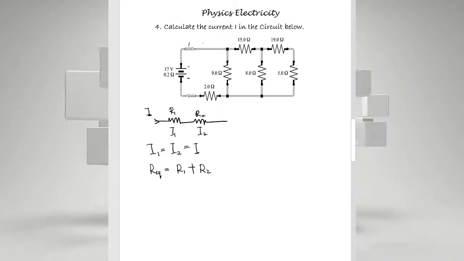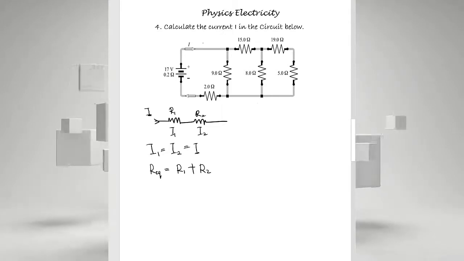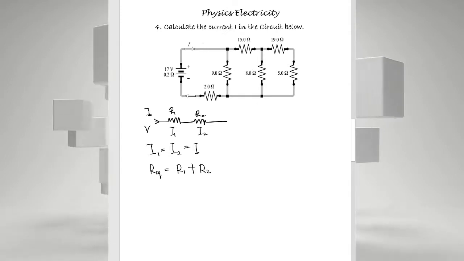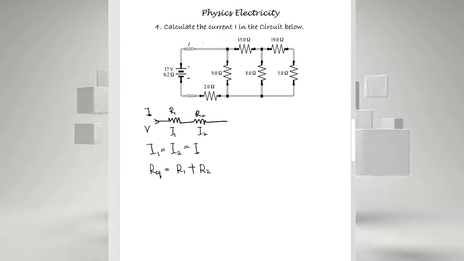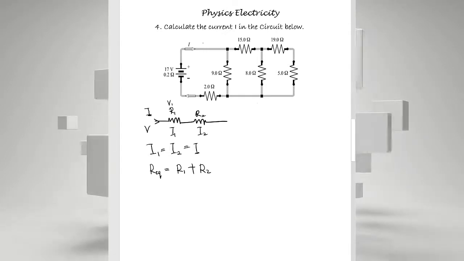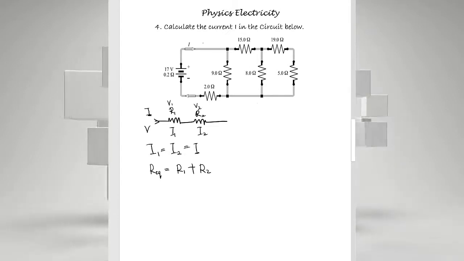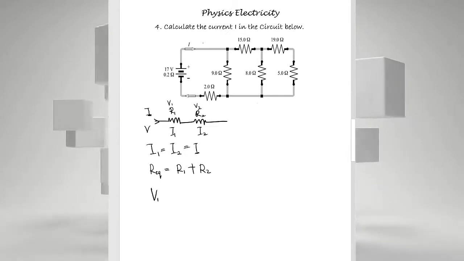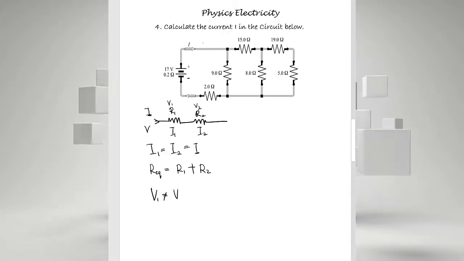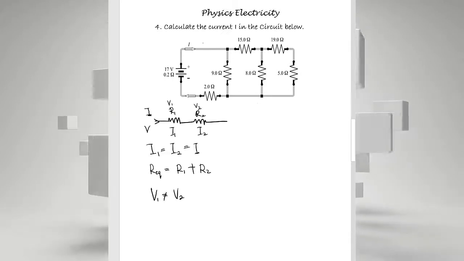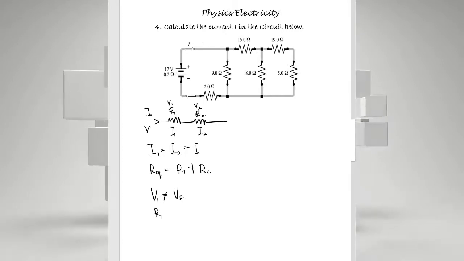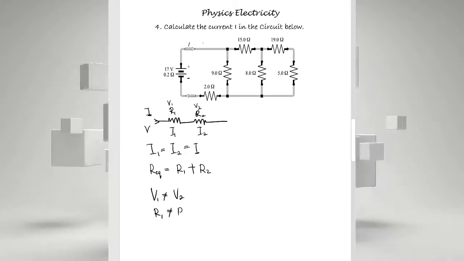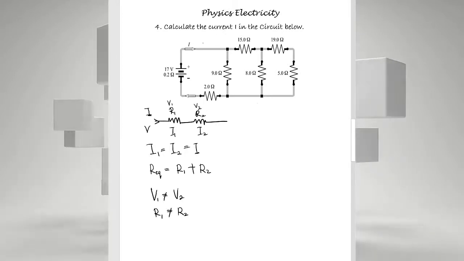Now, if we have a source of voltage flowing from the left hand side to the right hand side of this drawing, we have that the voltage across R1 is V1 and the voltage across R2 is V2. Now, if R1 and R2 are not equal, it means that V1 is not equal to V2.